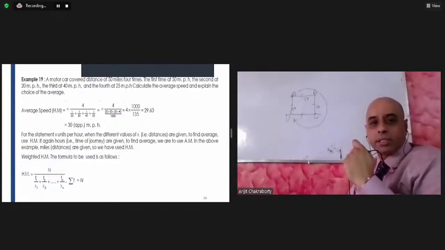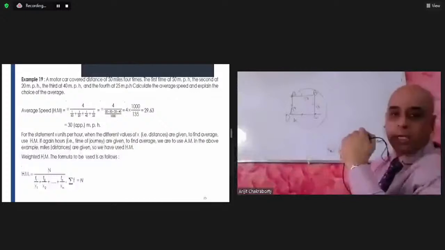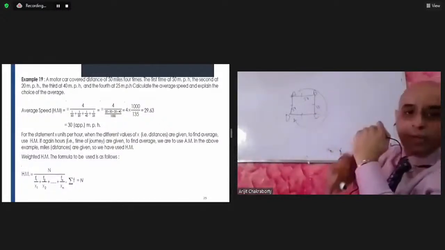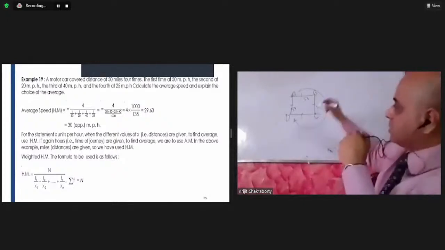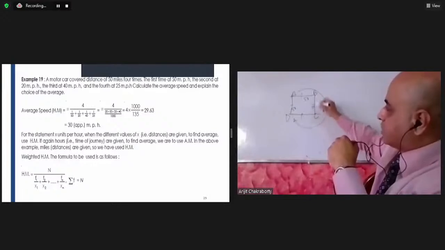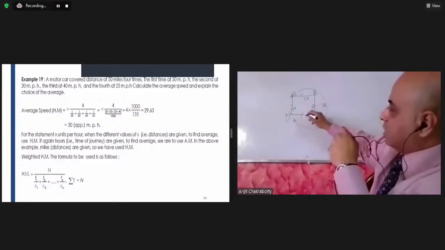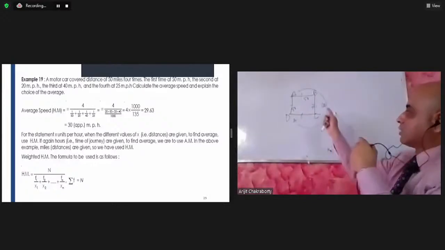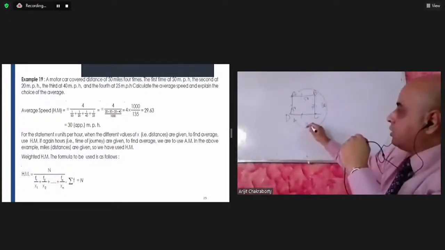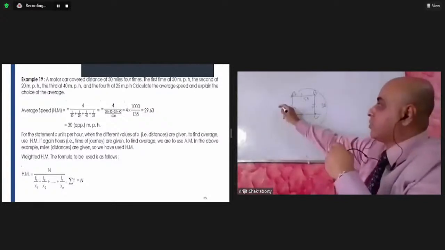Now the speeds: from A to B, it is traveling at 50 miles an hour. From B to C, it is traveling at 20 miles an hour. The size of the distance it is covering is 50, but the speed is 20 now. Then the third is 40 and the fourth is 25.